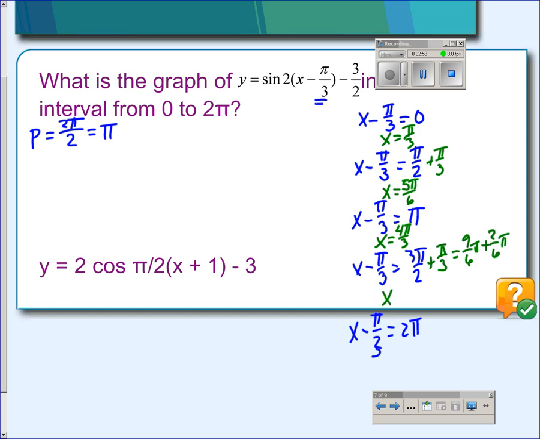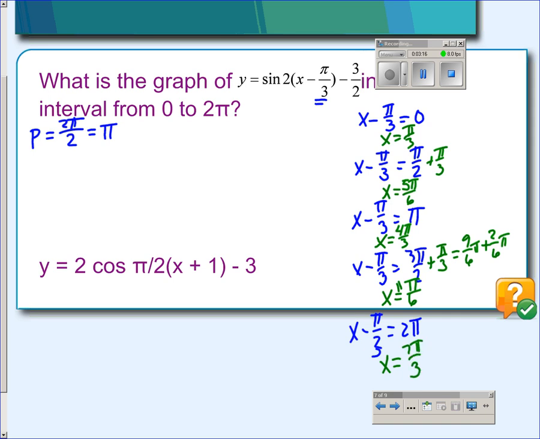That'll be 11 pi sixths. And then 2 pi plus pi thirds gives us 7 pi thirds.